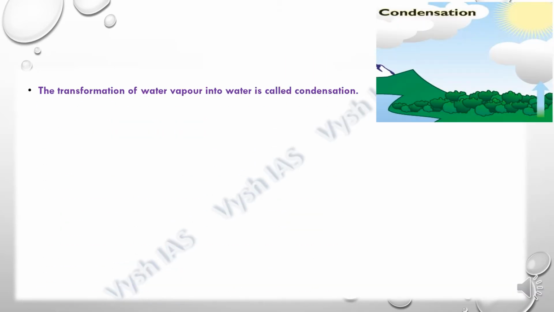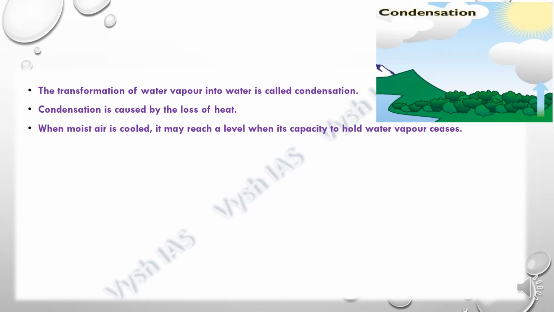Next we have condensation. It is the transformation of water vapor back to its original form, that is water. Condensation is caused by loss of heat, the opposite of what happens in evaporation. When moist air is cooled, it reaches a level where its capacity to hold water vapor will decrease, it will cease.